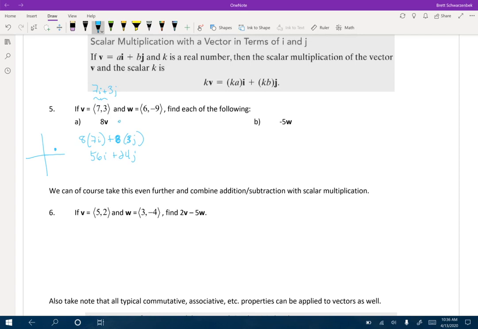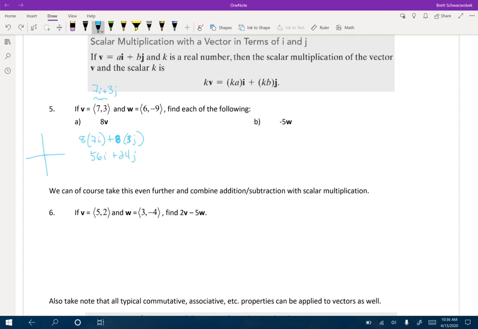You'd have the initial vector and then another vector that's 8 times it. You're extending it, but it's going to be in the same direction. I just figured I'd show you a picture so you can have an idea of what that looks like.